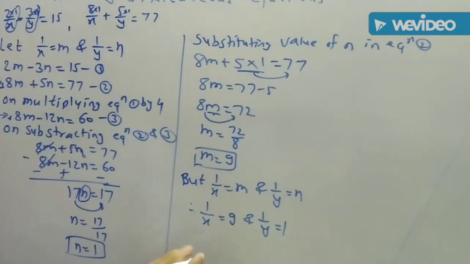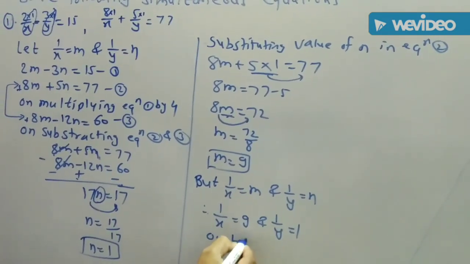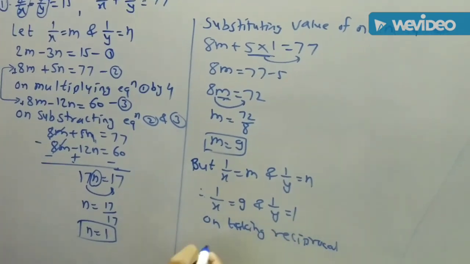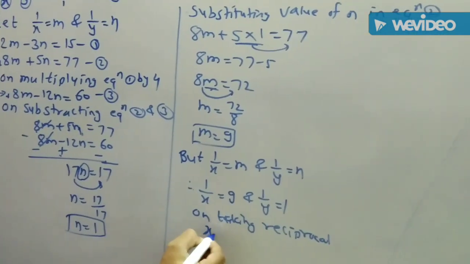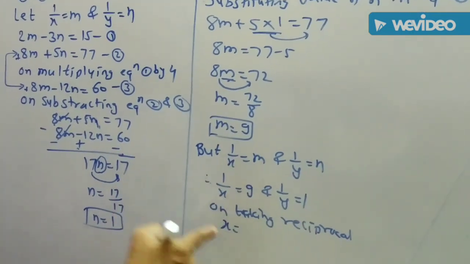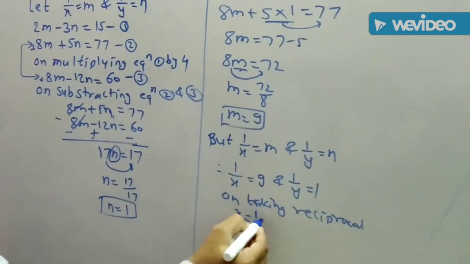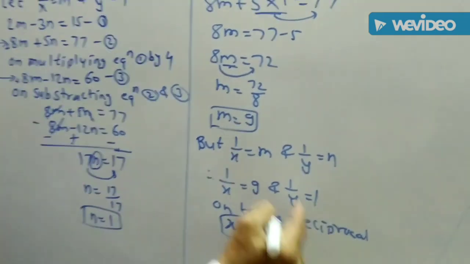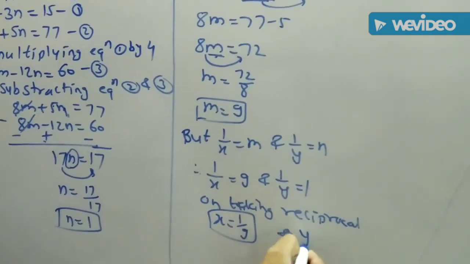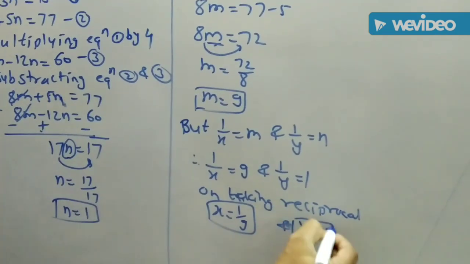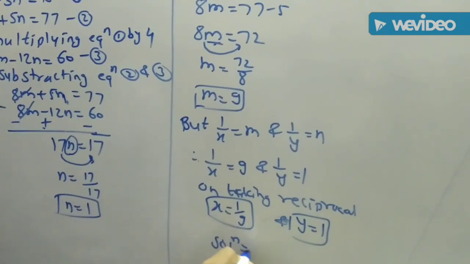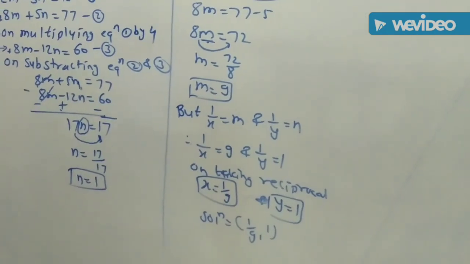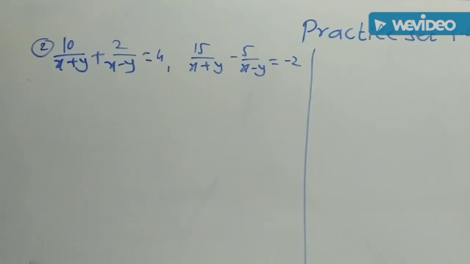Now on taking reciprocal, or by the invert process, the reciprocal of 1 upon x is x, the reciprocal of 9 is 1 upon 9, and the reciprocal of 1 upon y is y, the reciprocal of 1 is 1. Therefore, the solution of the given simultaneous equations is x equals 1 upon 9 and y equals 1.